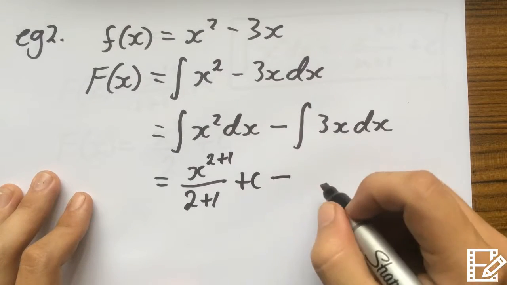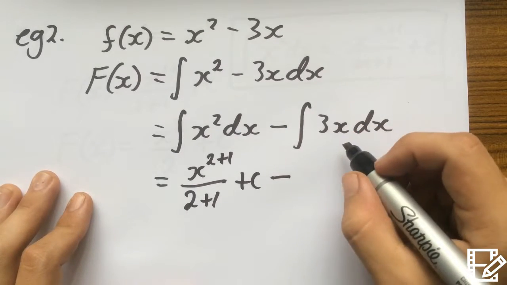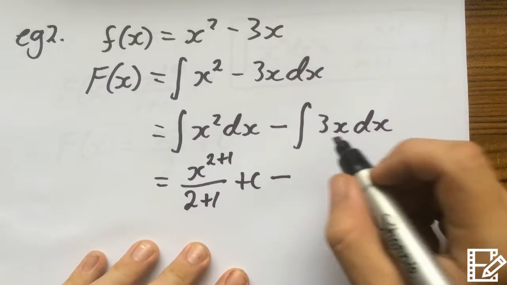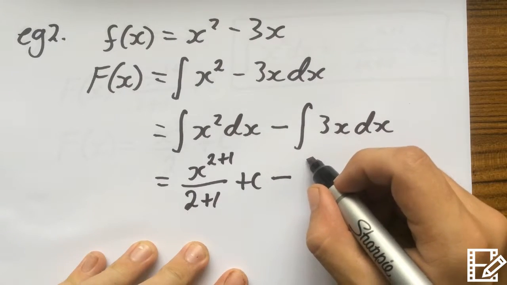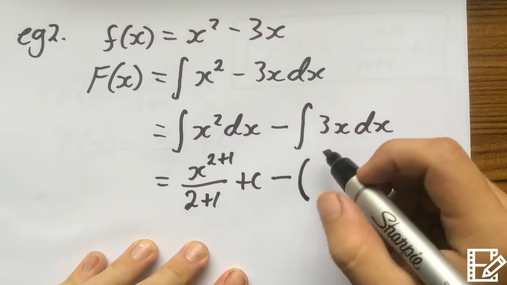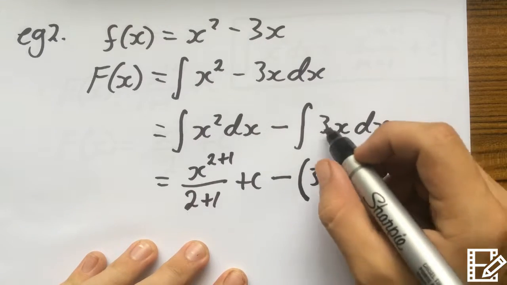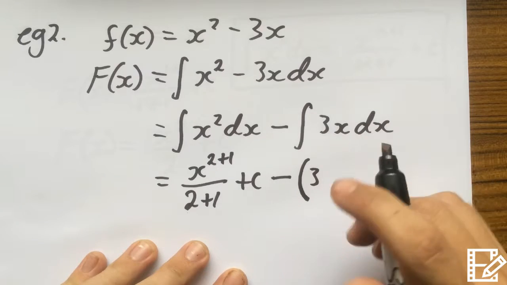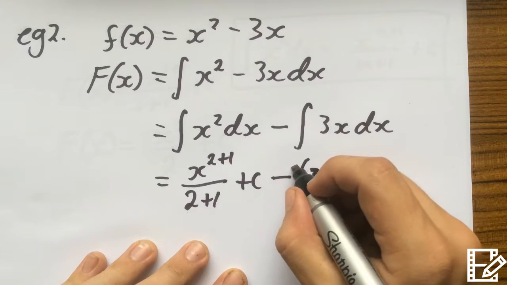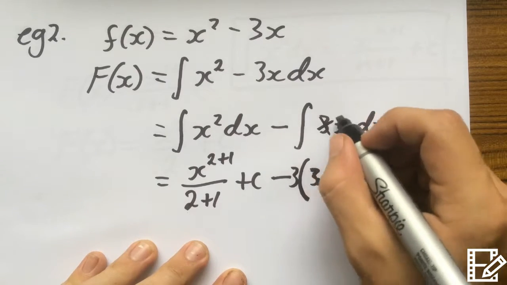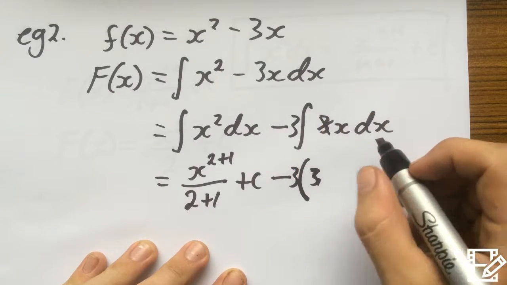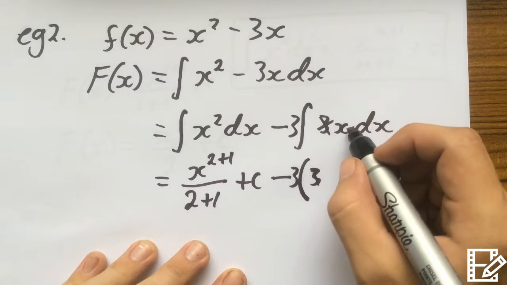And then we subtract the integral of 3x. The 3 stays the same, or you could, because multiplication by a constant means that you can bring the 3 out the front, and that way we're only dealing with the integral of x.